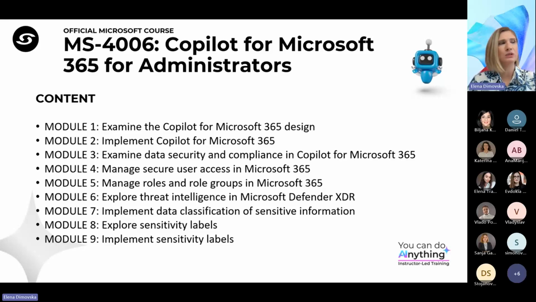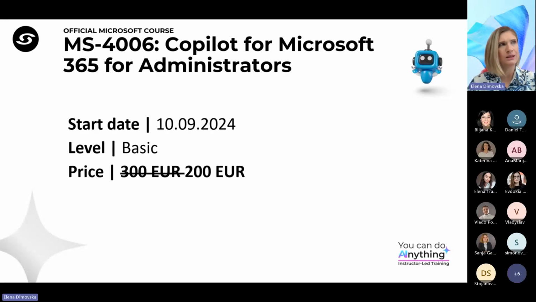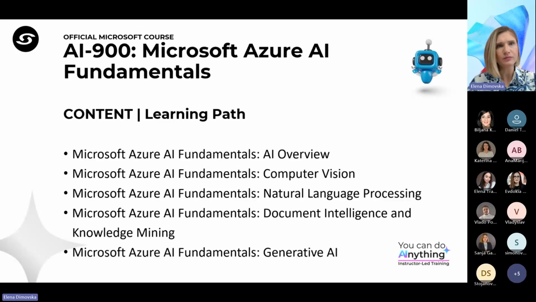Some details about implementing and securing Microsoft 365 Copilot. Sorry if I didn't mention that. Yes, it is all about Copilot and how we can implement Copilot from the perspective of an IT administrator. We have a date for that course also, 10th of September, and it is the same price actually. From 300 we have a promotion, and now it is 200 euros.